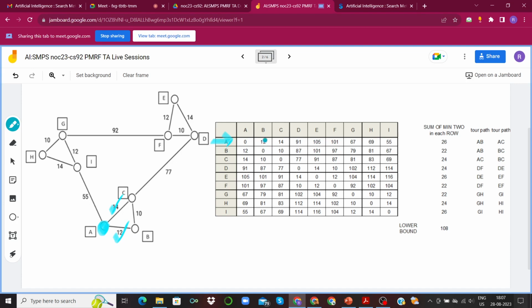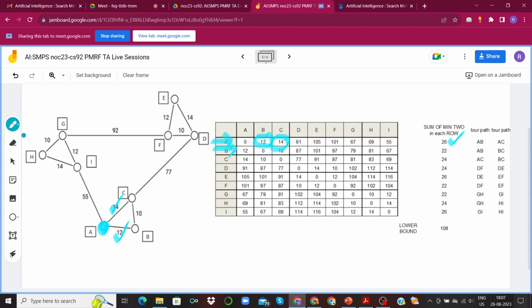We take these two values and add them up. That gives us the first part of our solution. We repeat the same for all the different nodes.